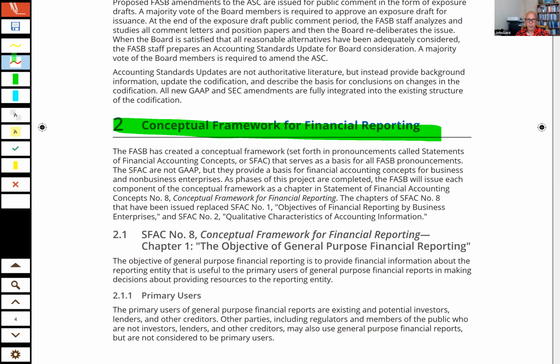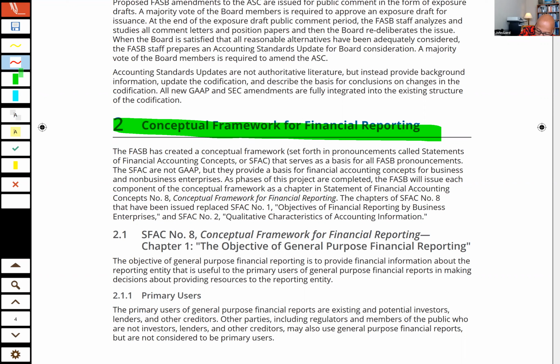So one of the recommendations of the Wheat Committee was to establish the FASB. Another was that the FASB set up a conceptual framework that gives us the underpinnings, the whys and wherefores, for the standards.